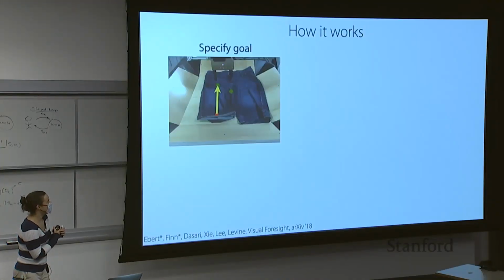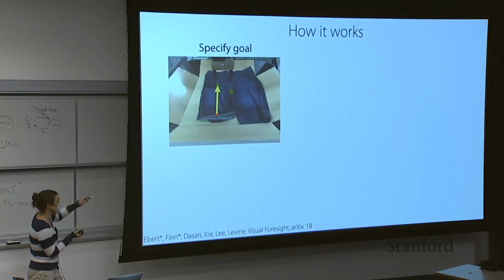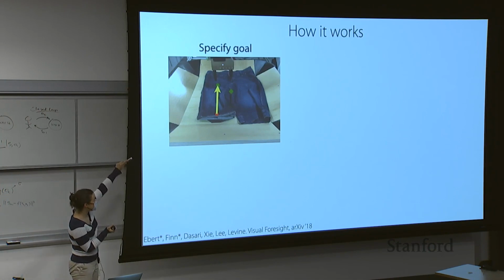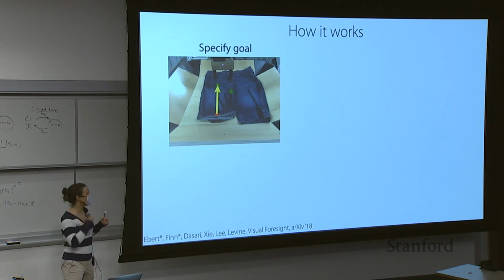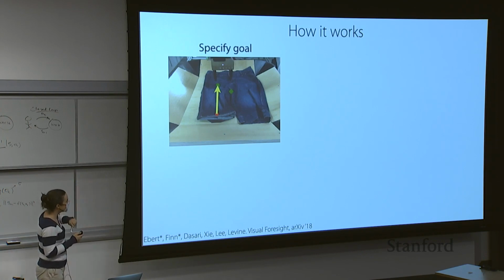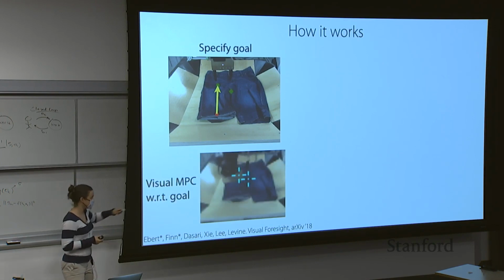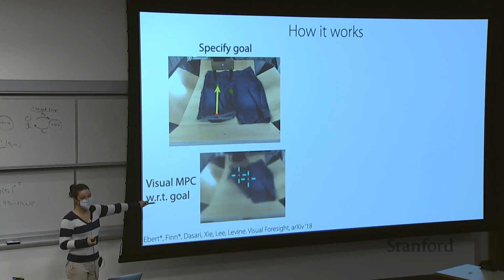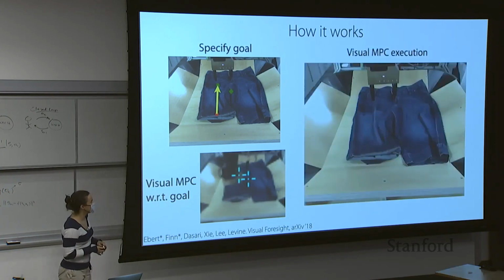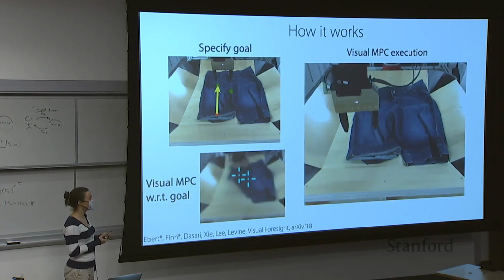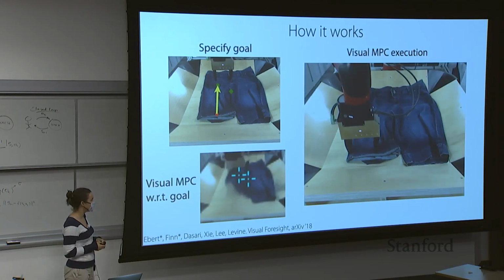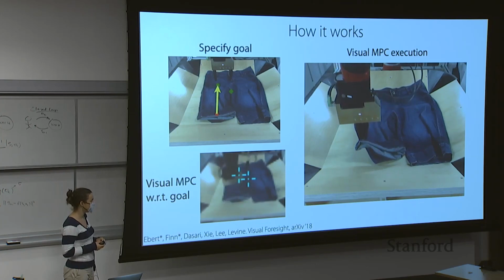As an example, you could say, I want you to move this red pixel up to the top left. This would correspond to a task roughly along the lines of folding the shirt. Then you can run planning with respect to that goal, and it's going to say that this prediction looks pretty good in terms of accomplishing this objective. Then you'll run these actions on the robot, and you'll get behavior that looks something like this.